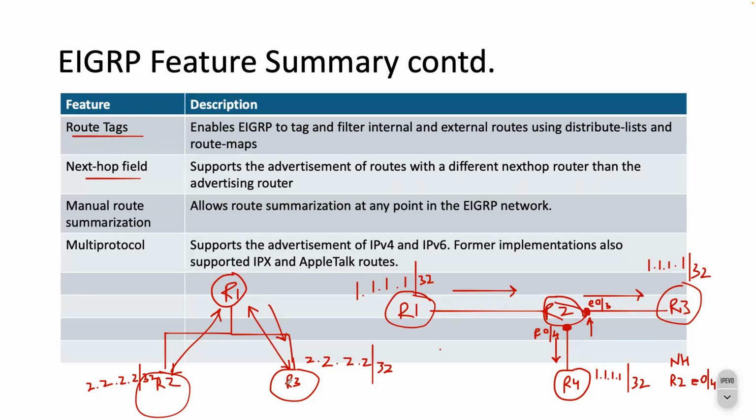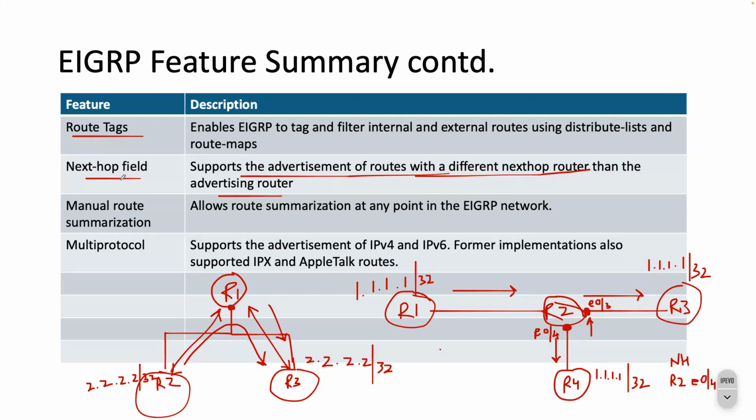So in that scenario, we may say no next-hop-self. That's what this point says: it supports the advertisement of routes with a different next hop router than the advertising router. R1 can send directly towards R3 whatever it is learning, without changing the next hop to itself.